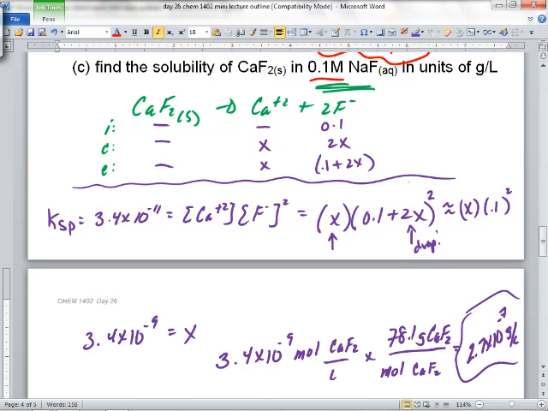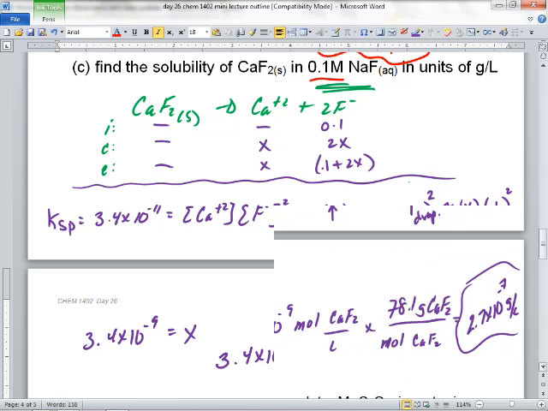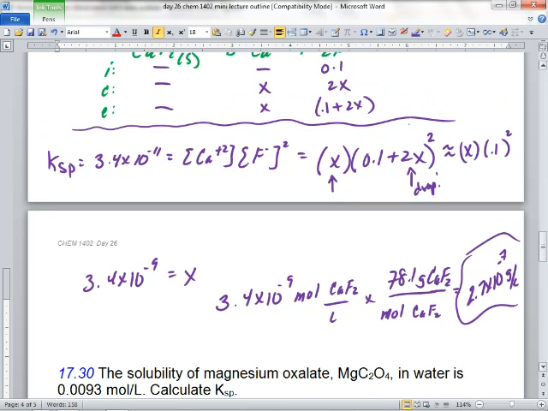Okay. Did everybody get it? Did you guys get it? Okay. A lot of folks are still wondering about this. Let's say we had x times 0.1 plus 2x.